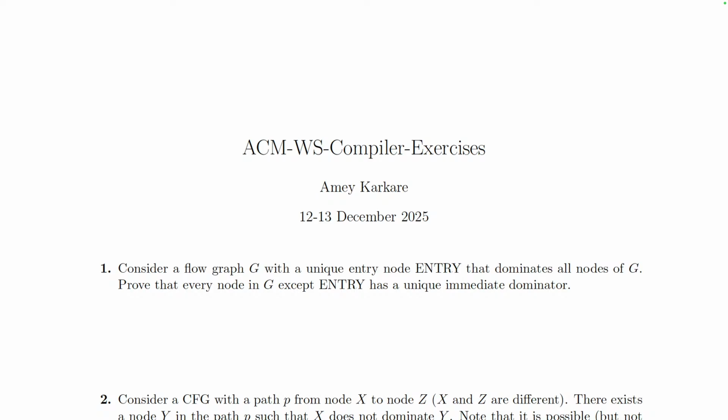So even stronger cases, if this is there, then this is not possible. Only one of these two cases will be possible. So either D1 dominates D2 or D2 dominates D1. It cannot happen that on some path D1 comes before D2, on some other path D2 comes before D1. Now how do you prove that?